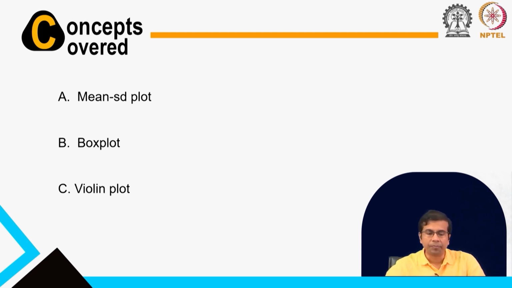Okay. And then thirdly, I will just very briefly mention violin plot. So, sometimes we use violin plot as an alternative to box plot. It is a very similar idea. The only thing is that violin plot actually shows how many data points are there at each kind of value, right.